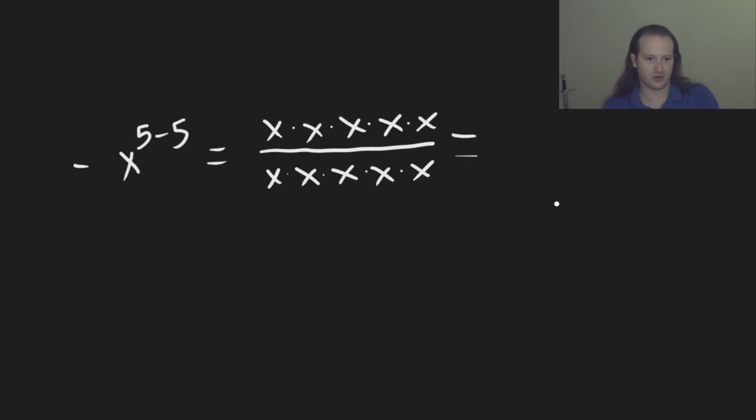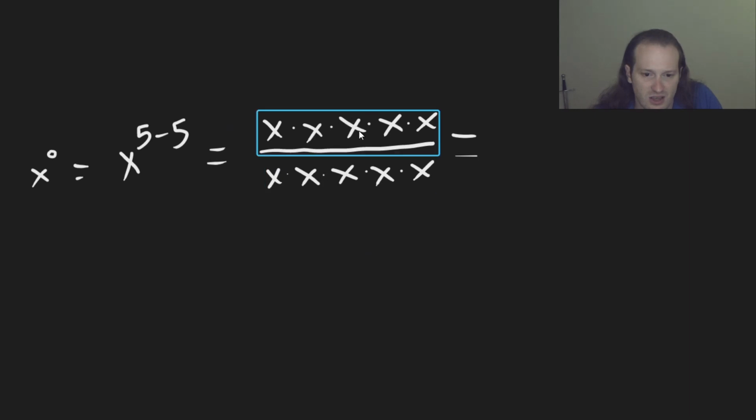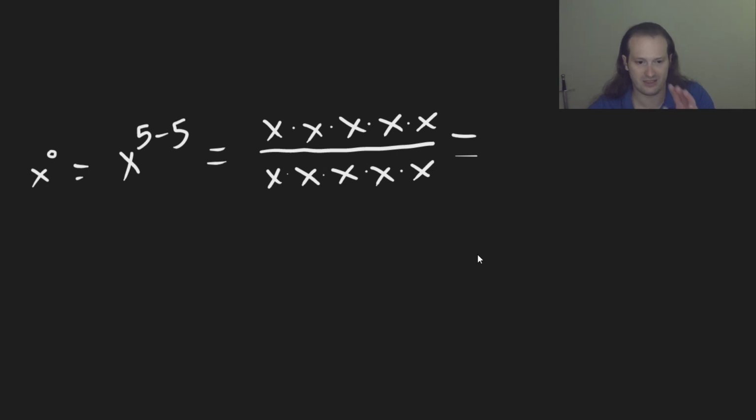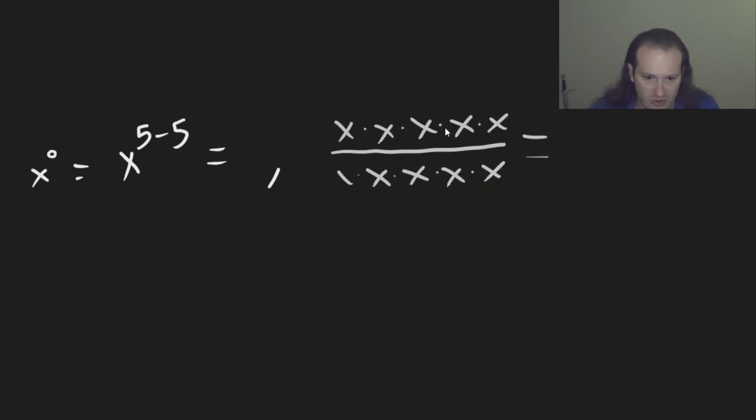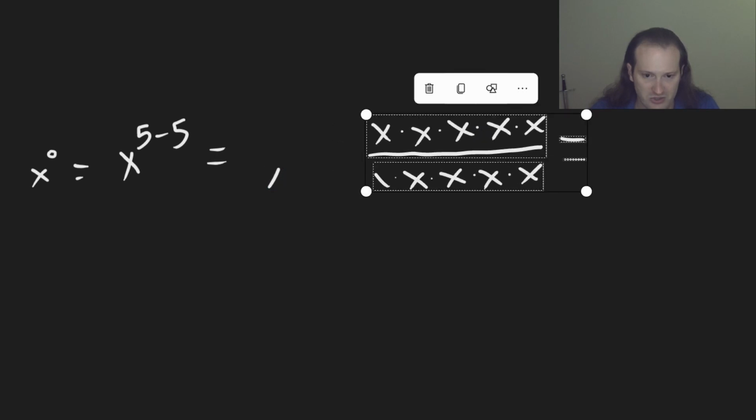I'll keep the shortcut answer over here for reference. But each pair of x's on the top and the bottom would cancel to 1. Anything divided by itself is 1. I guess it would be better... Oh no, we missed one.